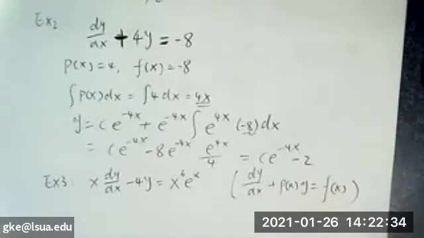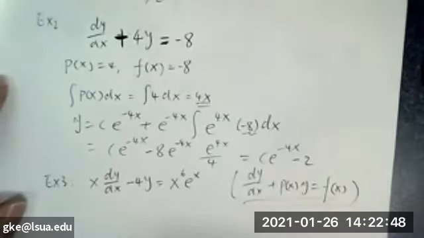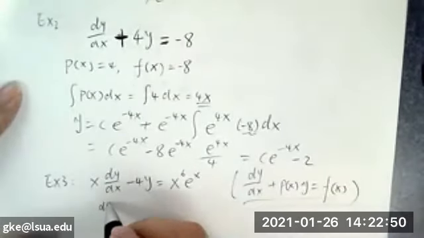You need to be careful. The formula only solves the standard form. Okay, that is not a standard form, so we need to transform it. Be careful. So we divide by x for both sides.